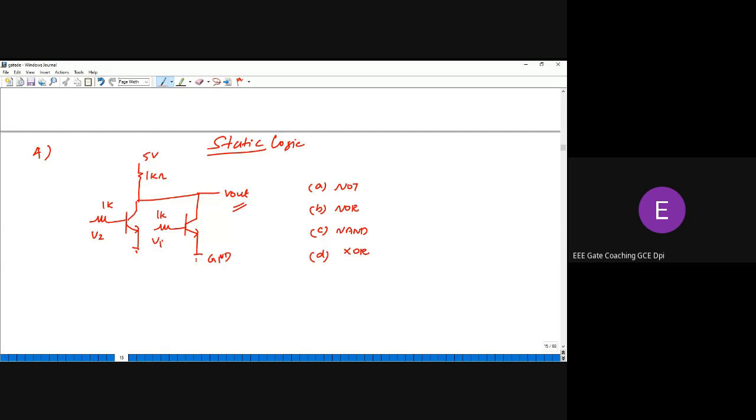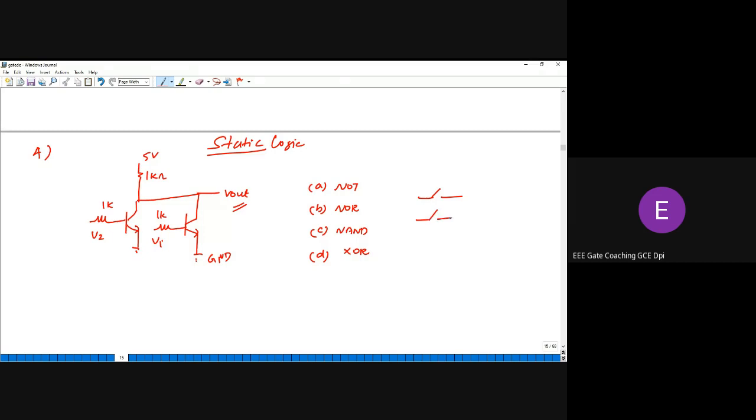So what is the logic if the two transistors are connected in parallel? For example, two switches.